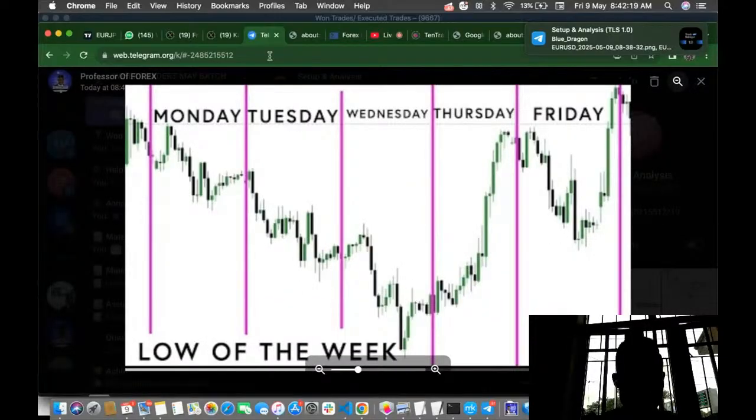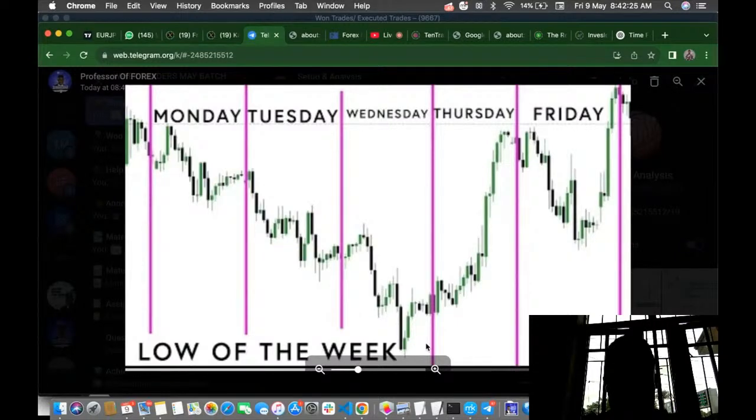Monday was selling, Tuesday was selling. By Wednesday, we saw a what? A realignment or a shift into Thursday and Friday. Can you see? So I want to believe that this is a similar experience of current price action on EJ. Monday and Tuesday were bearish, but from Wednesday to Friday we were bullish.